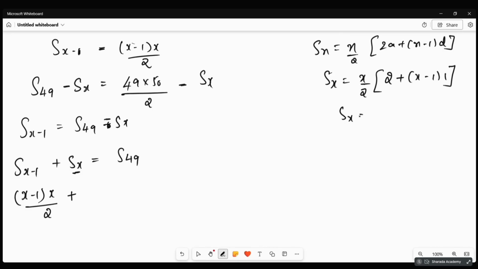That Sx I can write as x by 2 into (2 plus x minus 1). So this will come to x plus 1 here. So Sx is equal to x by 2 into (x plus 1).